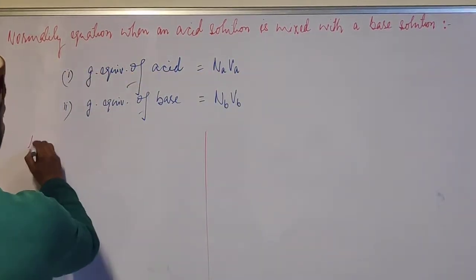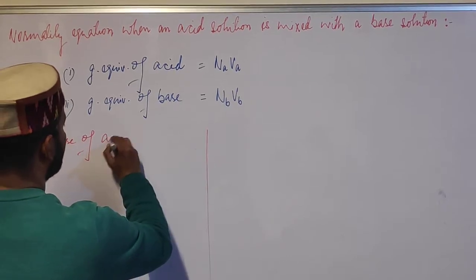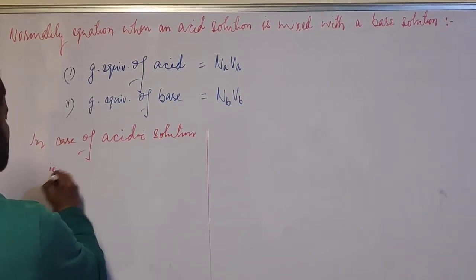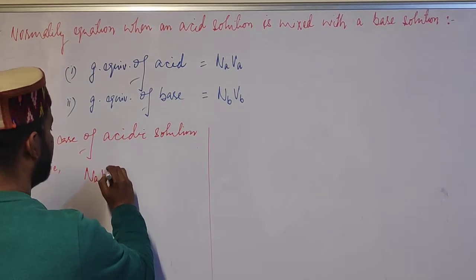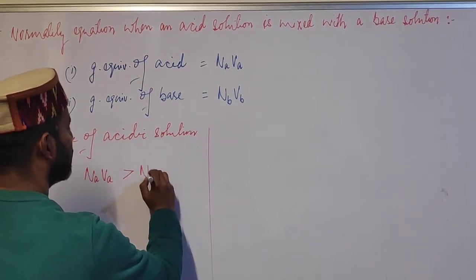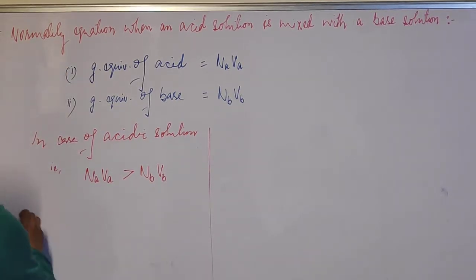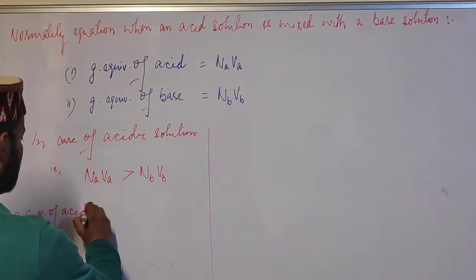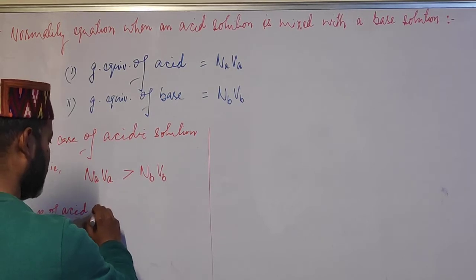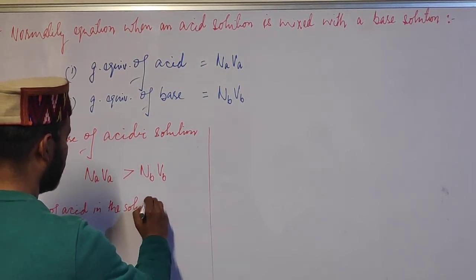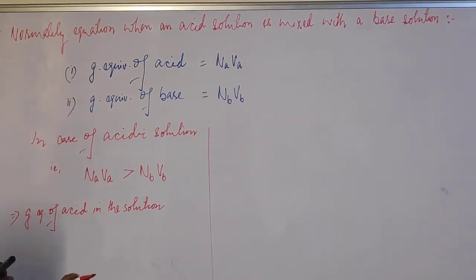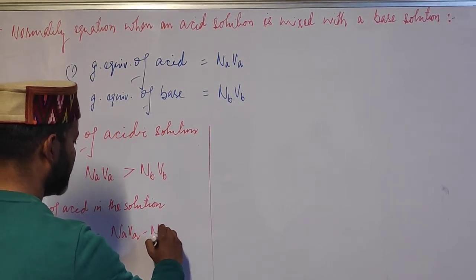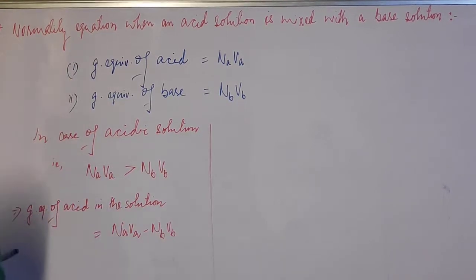So when the solution is acidic, that is, when the gram equivalents of acid are more than the gram equivalents of base, the gram equivalents of acid left in the solution, the unneutralized ones, will be the difference of these two, NaVa minus NbVb.